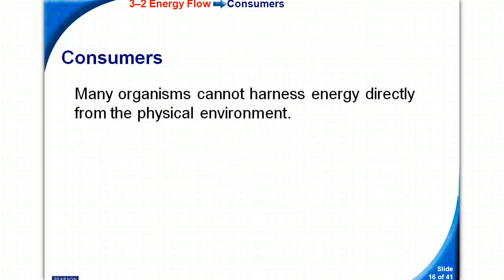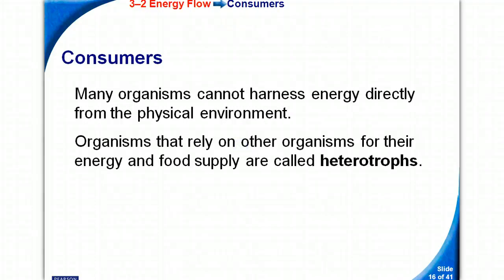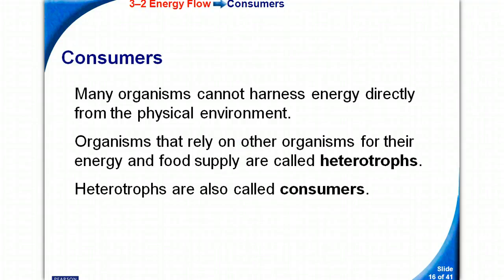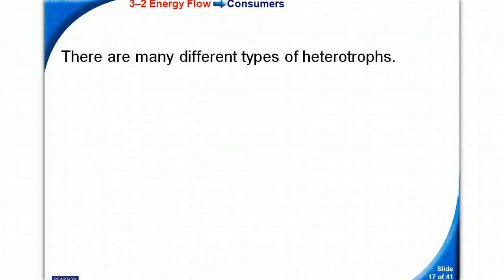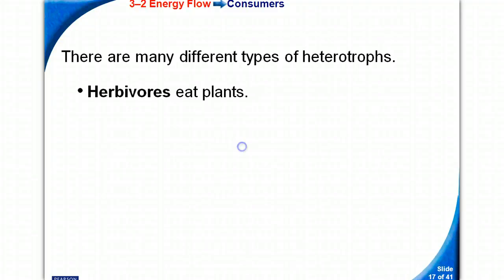Consumers. Many organisms cannot harness energy directly from the physical environment. Organisms that rely on other organisms for their energy and food supply are called heterotrophs. Heterotrophs are also called consumers. There are many different types of heterotrophs. Herbivores eat only plants.